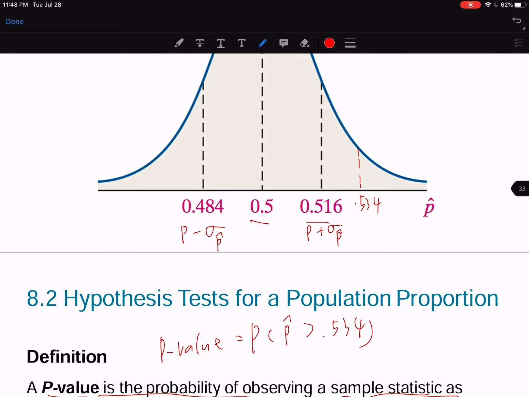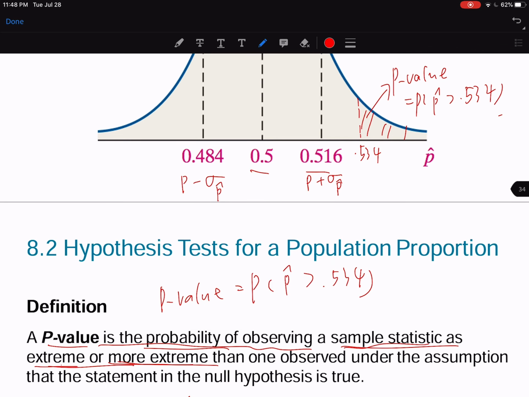So basically, in this case, the p-value is equal to the area of the shaded region here, which is equal to the probability that p hat is greater than 0.534. Okay, this is a new definition, and it's pretty much the most important definition in the section on hypothesis testing.